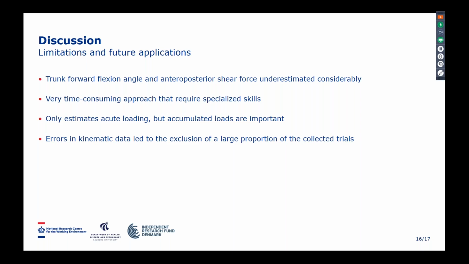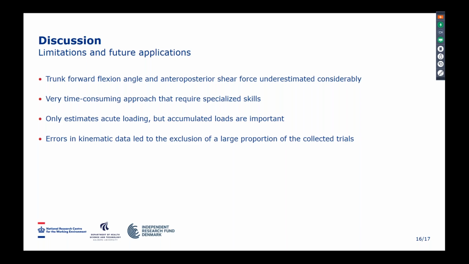at estimating. Lastly, I have already mentioned a little bit some of the possible errors in the kinematic data from the Xsens motion capture suit. And here specifically, we found that there were errors in the position of the hands.